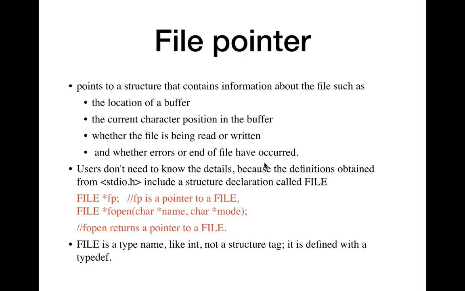So what is a file pointer? A file pointer is nothing but a pointer which points to a structure which contains information about the file. That structure contains information such as the location of a buffer, the current character position in the buffer, whether the file is being read or written, and whether any errors or end of file have occurred.